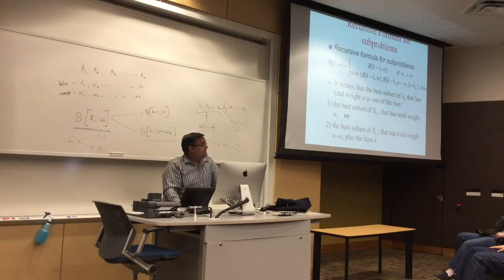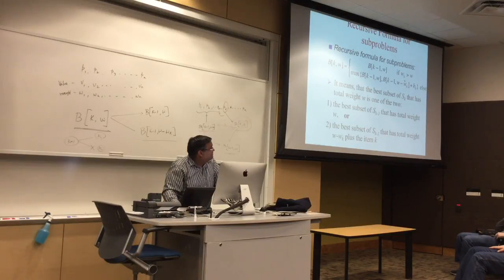So if I choose the Kth item, then my weight before choosing the Kth item must be W minus WK. So what is the benefit that I get by considering K minus 1 items when weight was this? Because if I choose the Kth item, this weight will be added, and then this whole thing becomes W. Right?